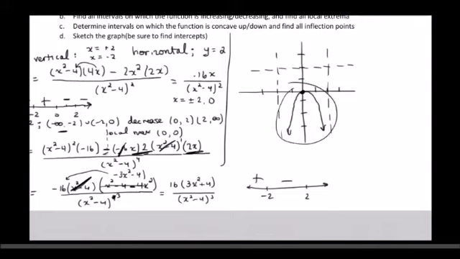We've already graphed a piece of the graph between negative 2 and 2, and it is concave down. And then if I choose a test point on this interval, 3 for example, and plug it in for that x, 3 squared is positive, minus 4 is still positive, to the third power still makes it positive. The numerator is always positive, so a positive divided by a positive is positive.